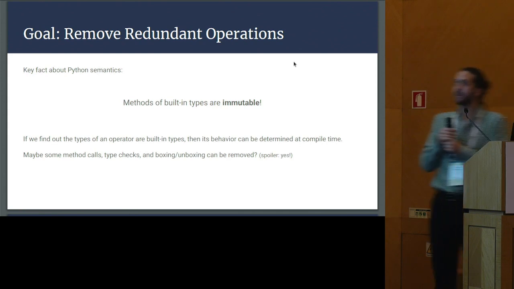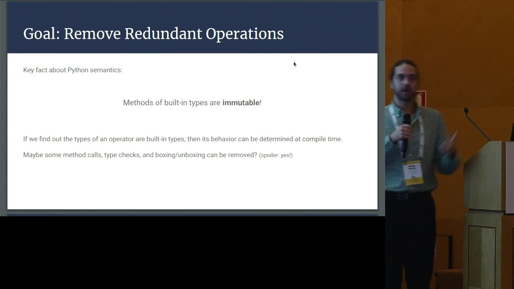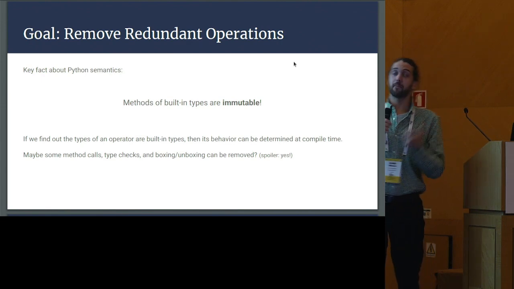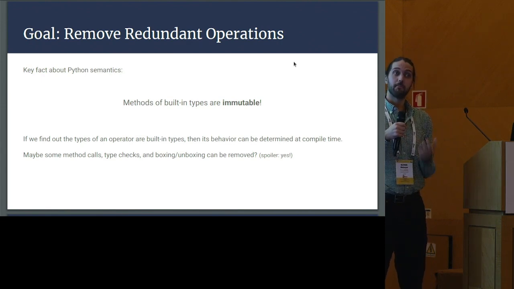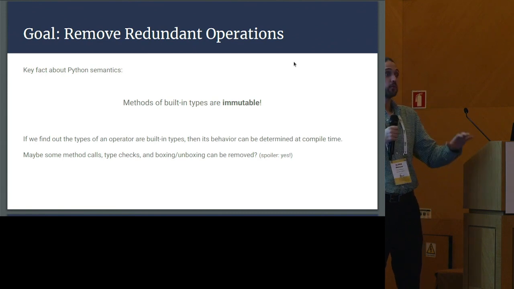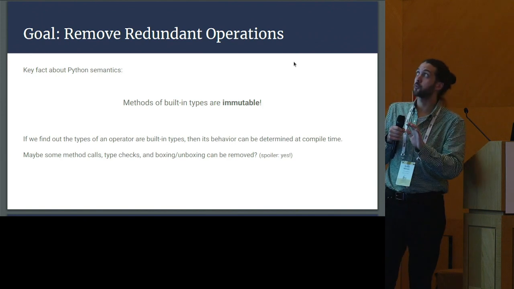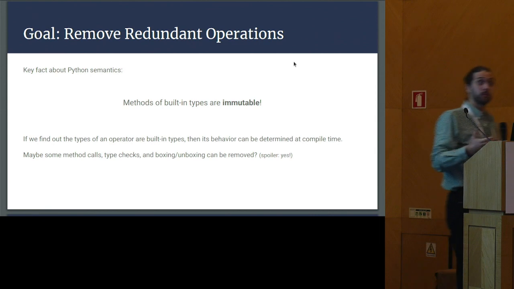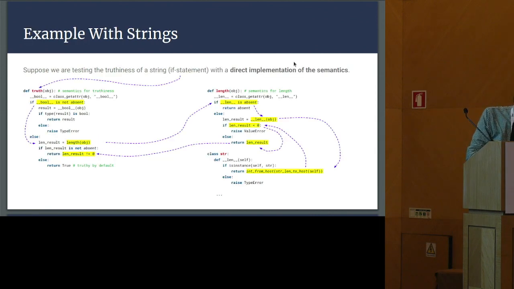It's that, and this is the case for CPython and PyPy, so we take it to be part of the semantics, when you have a built-in type, its methods cannot be mutated. I said that types are mutable, but that's only for programmer-defined types. So the idea is that if you have a built-in type, some of those boxing and type checks can be removed. And we can actually remove them.